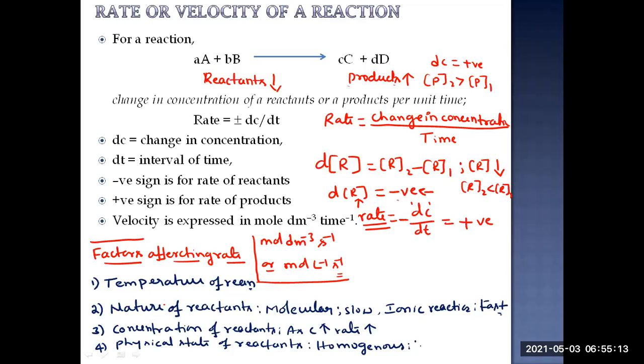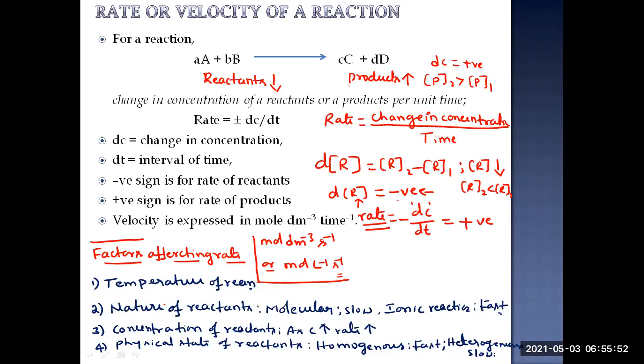Homogeneous reactions are fast, whereas heterogeneous reactions are slow. If reaction happens between a gas and a liquid or liquid and a solid, it is slow. If reaction happens between similar physical state, same phase, then the reaction will be fast. Same phase reaction, homogeneous. Different phase reactions, where reactants are in different physical state, heterogeneous, will be slow.